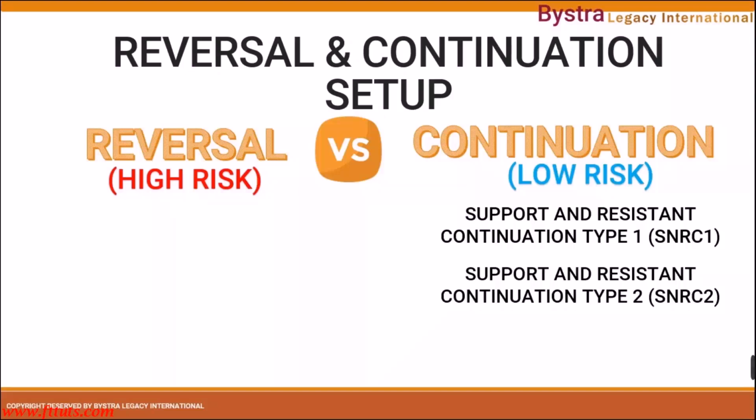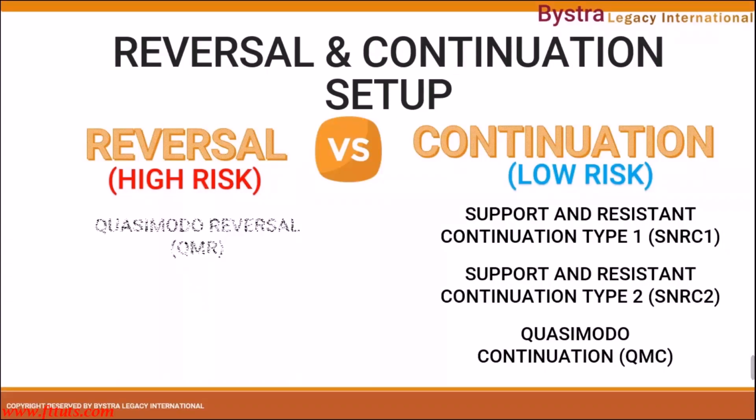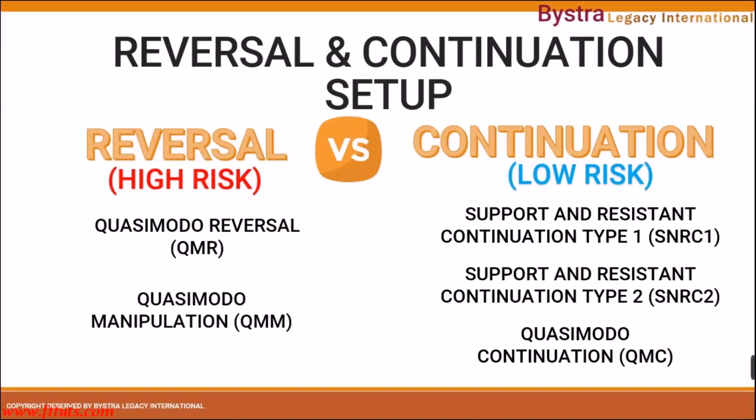Same goes with the SNRC2 and QM continuation, the QMC. The Quasimodo reversal QMR will fall under the reversal, and also the Quasimodo manipulation, the QMM, will fall under the reversal. Now, reversal is always high risk compared to continuation.